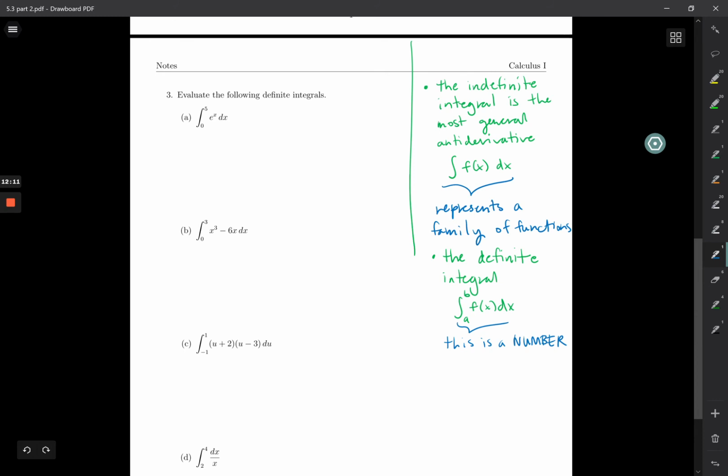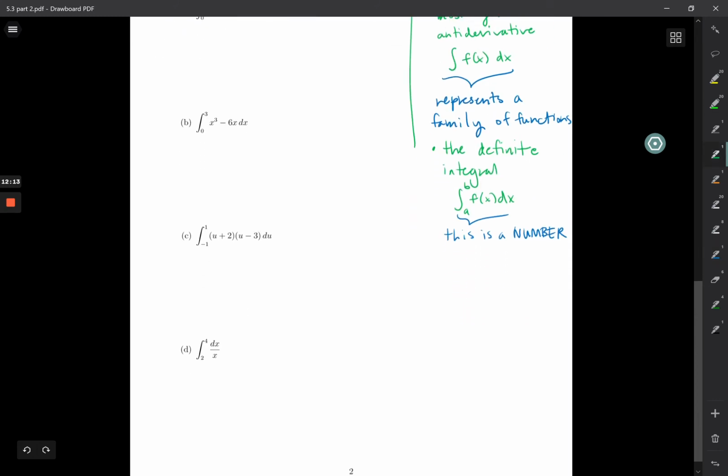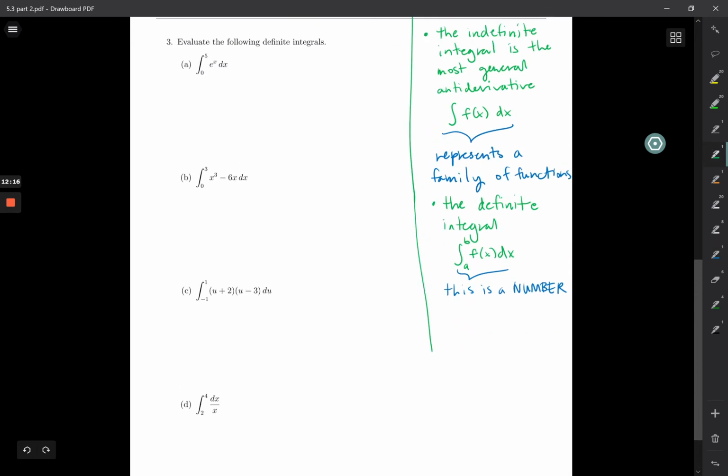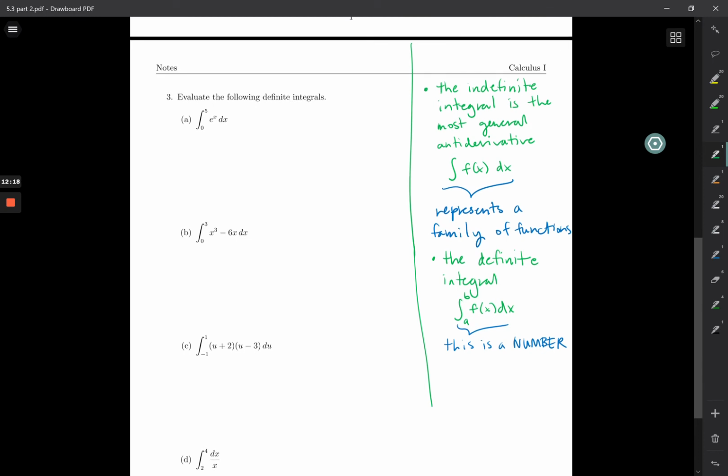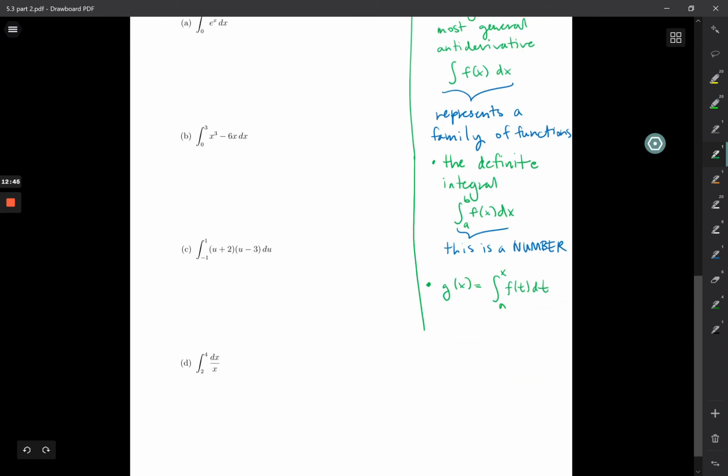And then lastly, so we have the indefinite integral, the definite integral, and then the function that appears in the fundamental theorem of calculus part 1. That's the thing we usually use g of x to denote. It's the integral from a to x, where we have a variable in the top bound, of f of t dt, right?